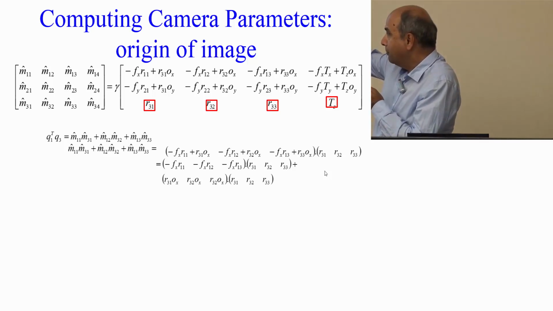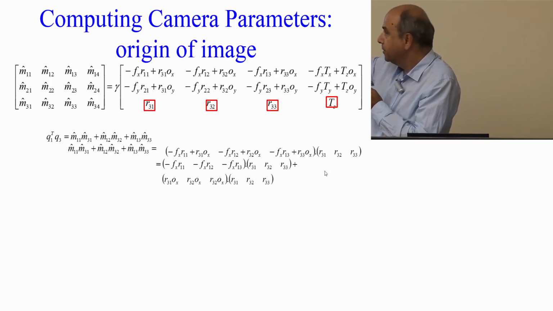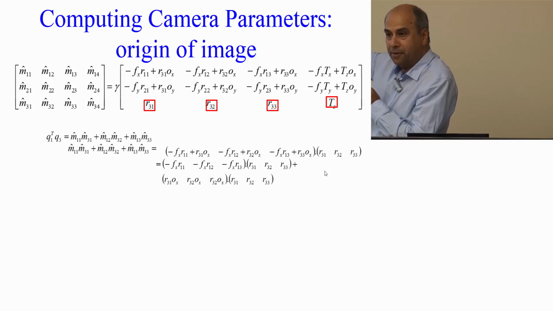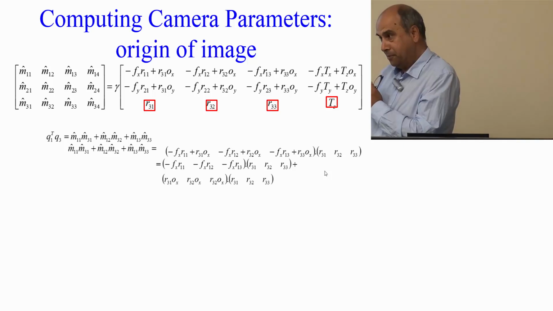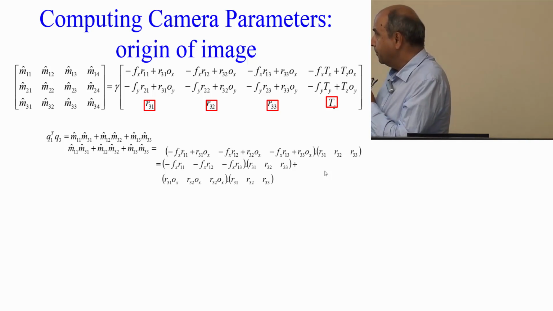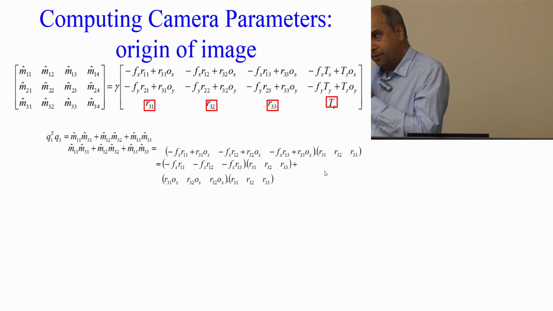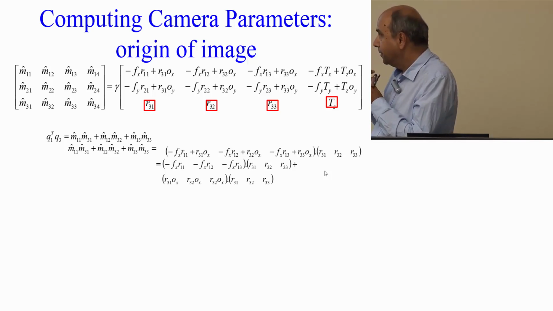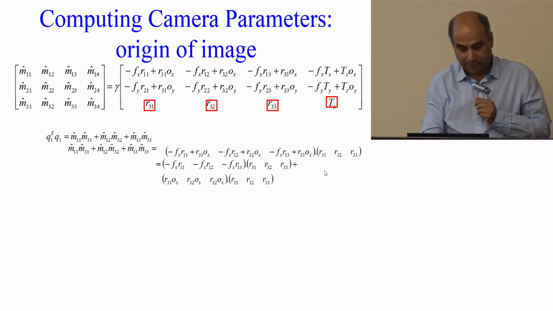Because for R11, R12, R13, you can take fx common. So it's just the first row of the rotation matrix. This one is the third row of the rotation matrix, R31, so when you multiply and find the dot product, it will be 0. So then the first term will disappear. The second term will give you what? 1 and then OX. Okay?